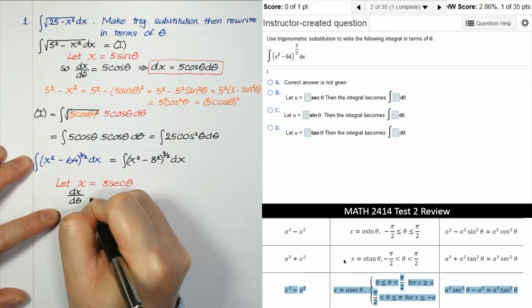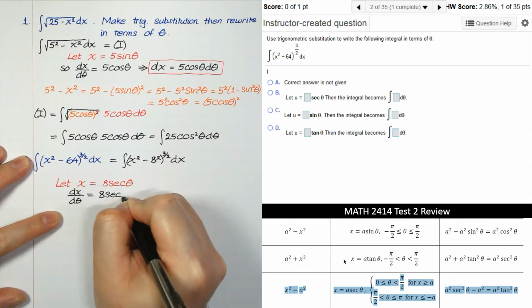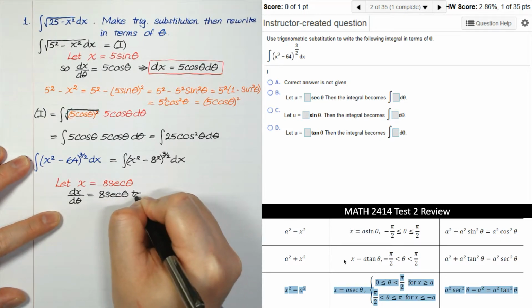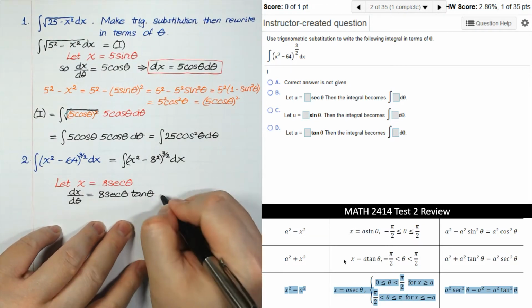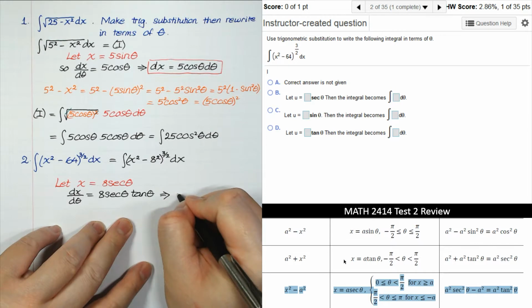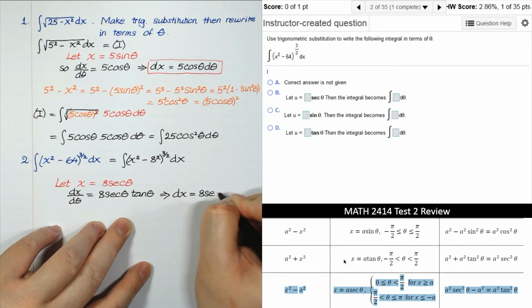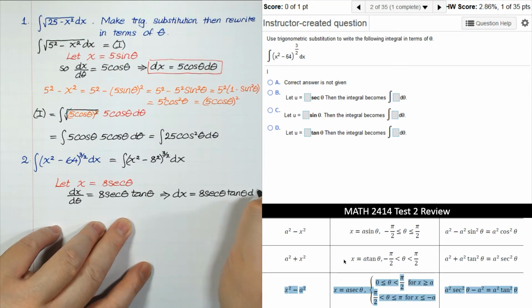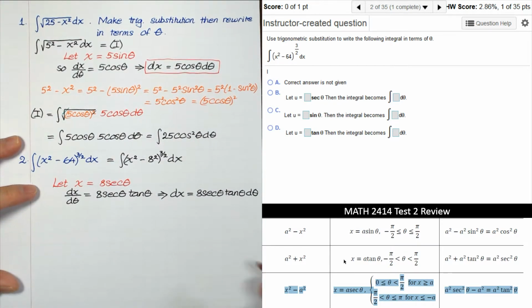Take the derivative. The derivative of secant is secant tangent, and move the d theta over. Right, so that is dx.